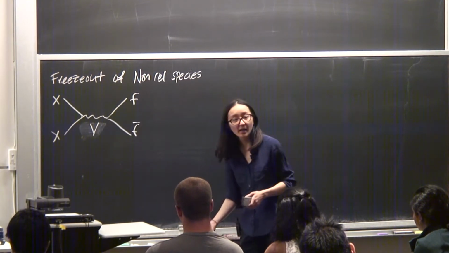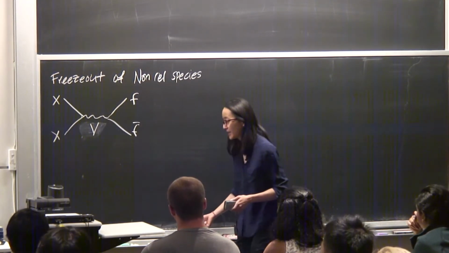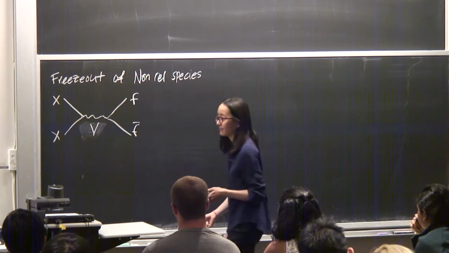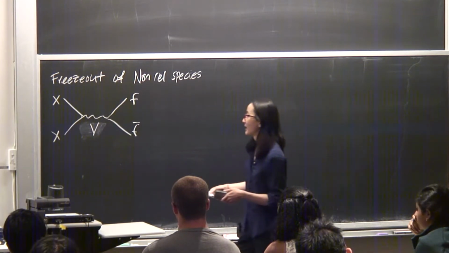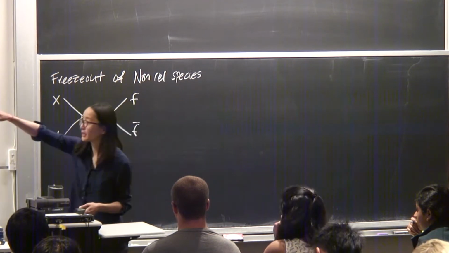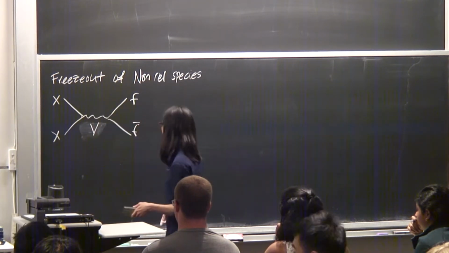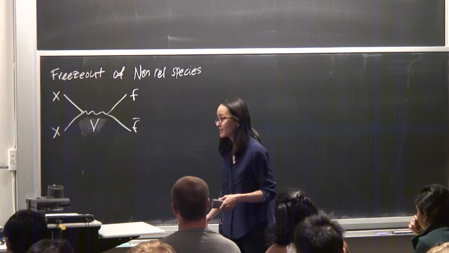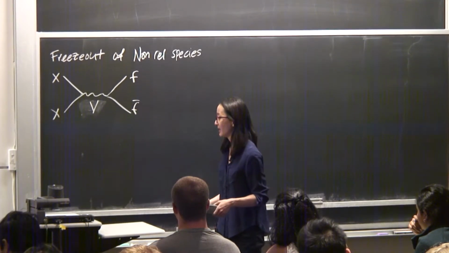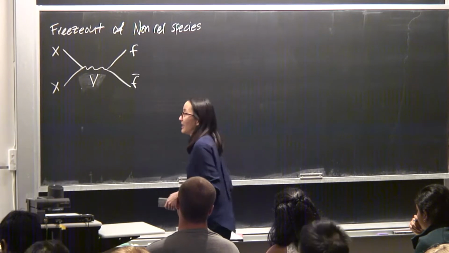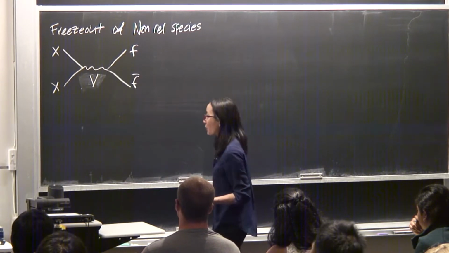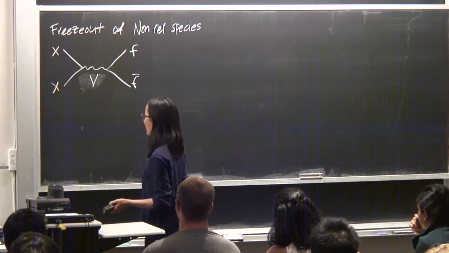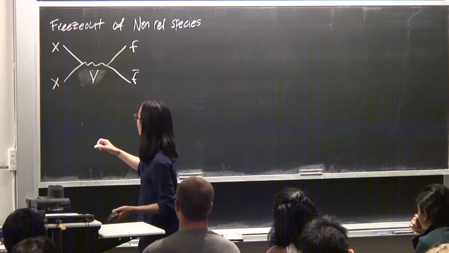The very quick way of getting the relic abundance, where we're going to skip the Boltzmann equations, is again by relating the annihilation rate with the Hubble expansion. It's going to be off by a couple of order one factors, but it'll be enough for what we're doing here.